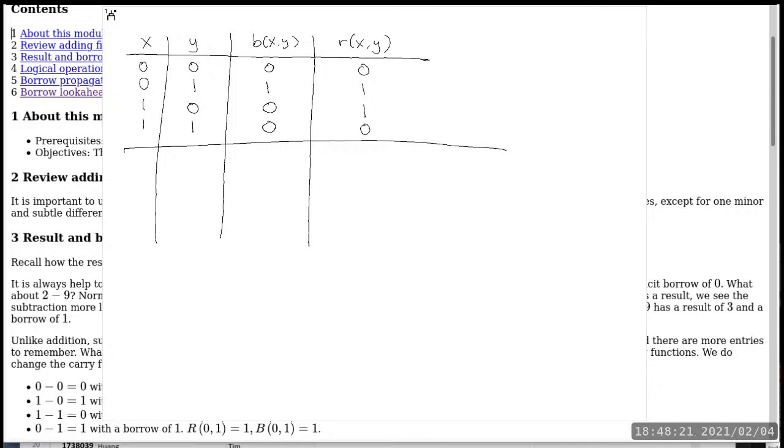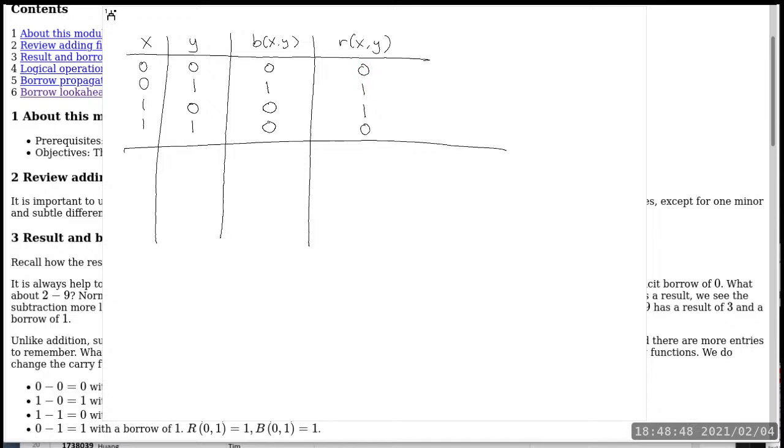But that's because 9 is the base minus 1. Remember, when we are borrowing, we are borrowing whatever the base is from the next digit. So in base 2, 0 is less than 1, so we have to borrow. But when we borrow, we are borrowing a quantity of 2. And then 2 minus 1 is a 1. So that explains why we have a 1 over here.